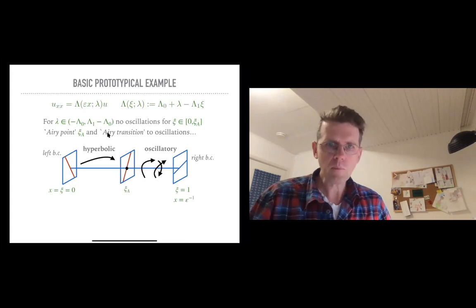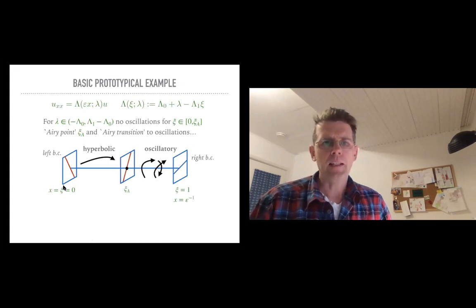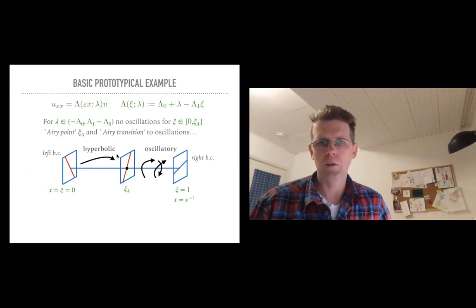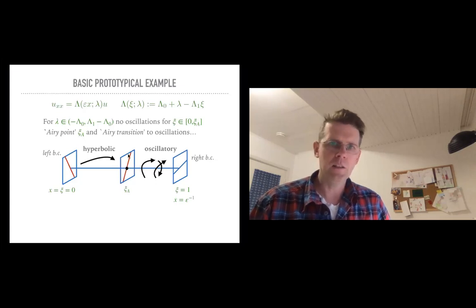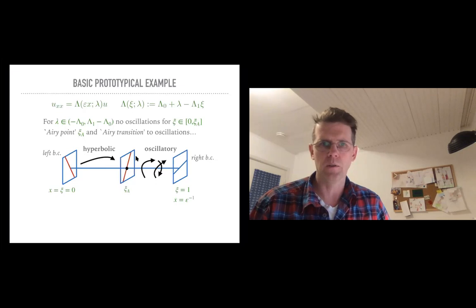In pictures, it looks like this. At psi equal to 0, the spatial dynamics is hyperbolic. There's no oscillation, it just moves according to the stable and unstable spaces until psi a. After that, the oscillations set on and become uniform. Then I have this scenario as before, basically. The difficulty is to control what happens with the boundary condition space on its way into this oscillatory region uniformly.